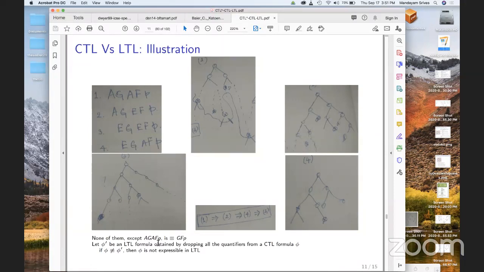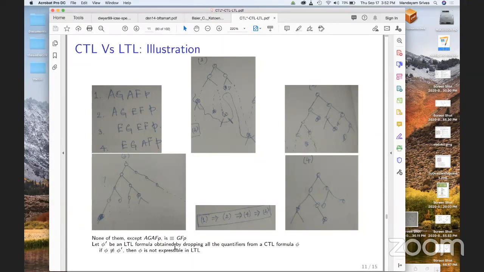If you drop all the path quantifiers from a CTL formula and you obtain an LTL formula, if they are not equivalent, then that CTL formula cannot be expressed as an LTL formula. That is the general result.